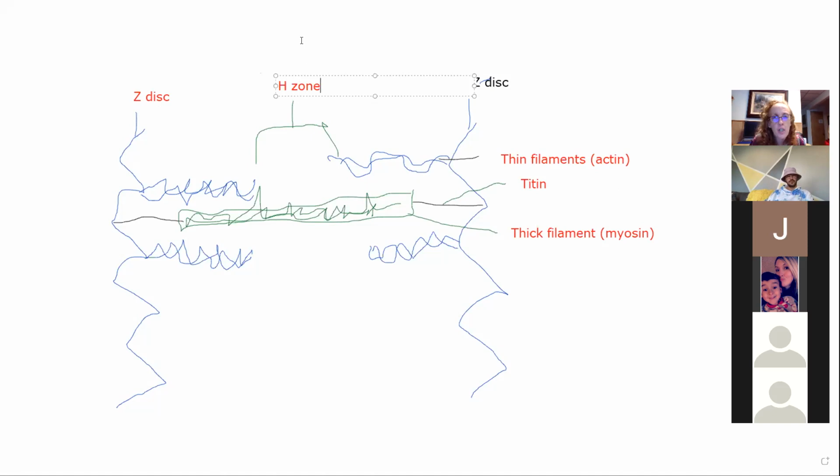And from right here to right here, which covers the whole length of the thick filament right here, this is the A band.